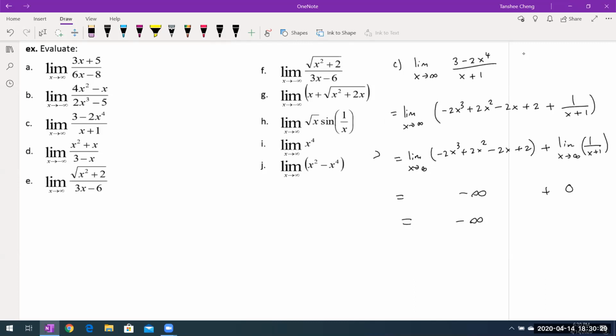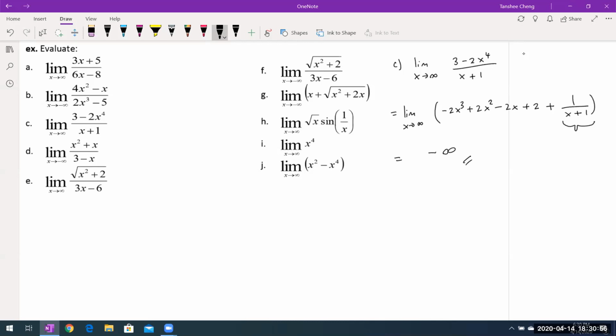So technically, according to the end behavior, as x goes to infinity, this portion can be ignored. So you can just think about the end behavior of this polynomial, which is going to negative infinity. And that is the proper way of thinking.